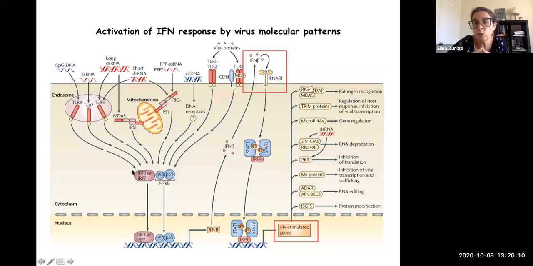Many of the patients that develop severe COVID-19 have mutations in these important genes and factors that we are learning about in the lecture today.